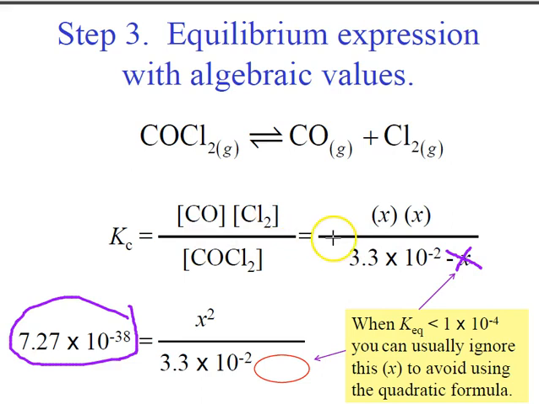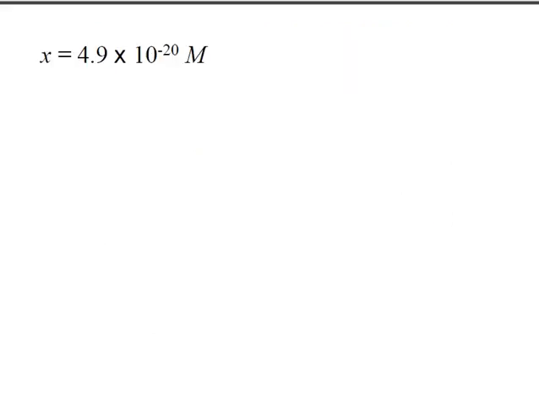None of these had coefficients, so I'm not squaring anything, but x times x would equal x squared, and then I'll just pull down my 3.3 times 10 to the negative 2 without the minus x. So here I'm solving for x, so I would cross multiply these two, and then I would just take the square root to find x. So there's my x value.